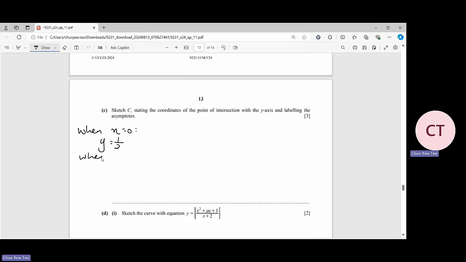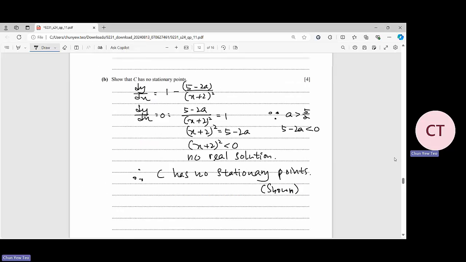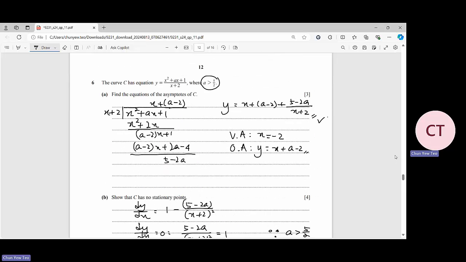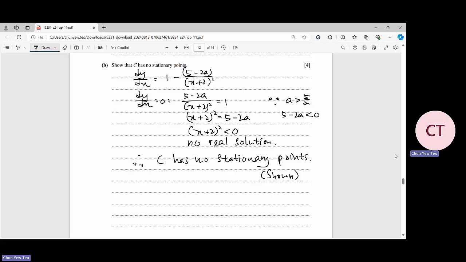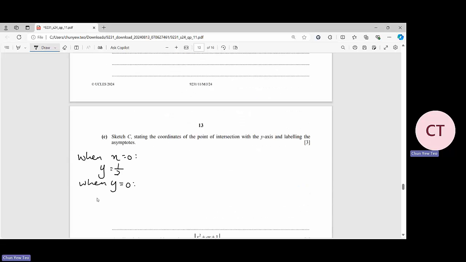Then when y is equal to 0, your numerator will become 0. Then x squared plus ax plus 1 equals 0.